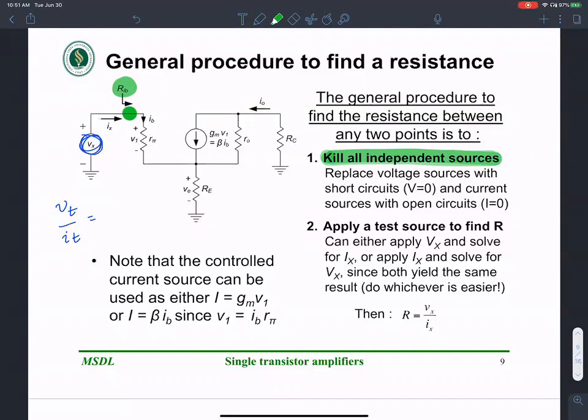Here is a general procedure. How do you get an analytical or even a numerical solution for a resistance at one particular node? We deactivate all the independent voltage sources, apply a test voltage, and look at the current.